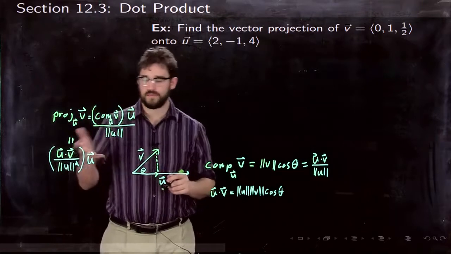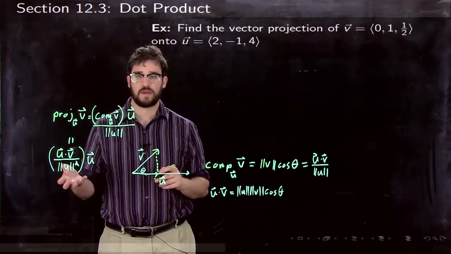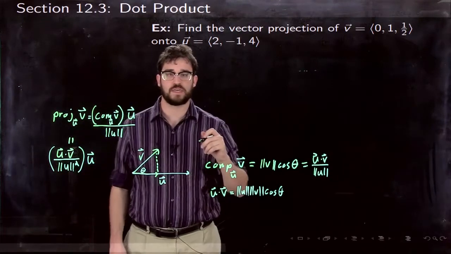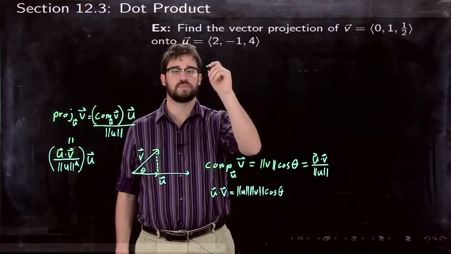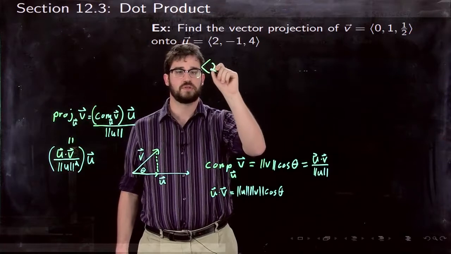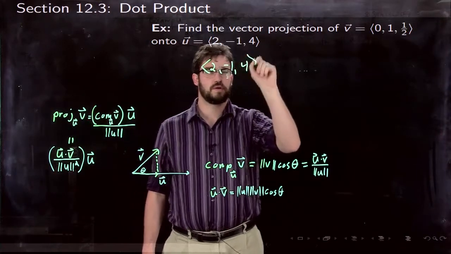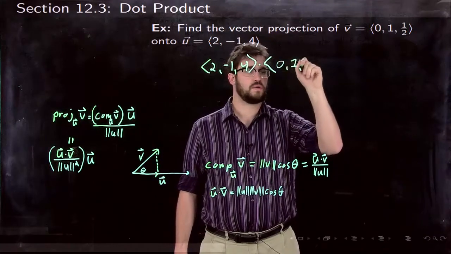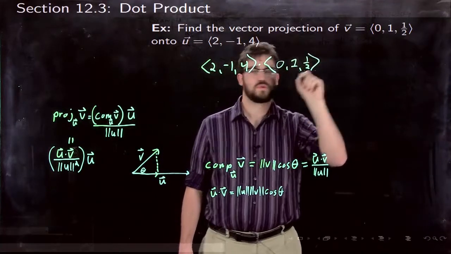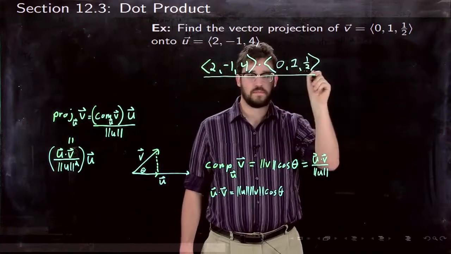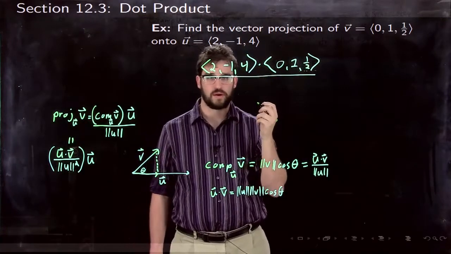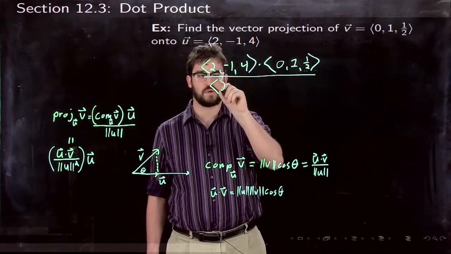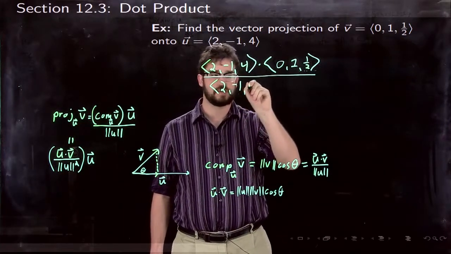Well, we have our formula that we were given here, that the projection of v onto u would just be equal to u dot v. So we have 2, -1, 4, dot v, 0, 1, 1/2, over the magnitude of u squared, which in other words is just u dot u, if we remember our properties.